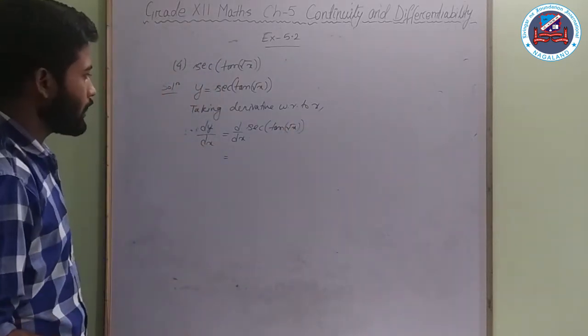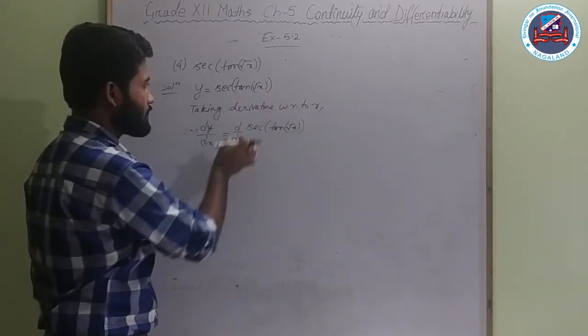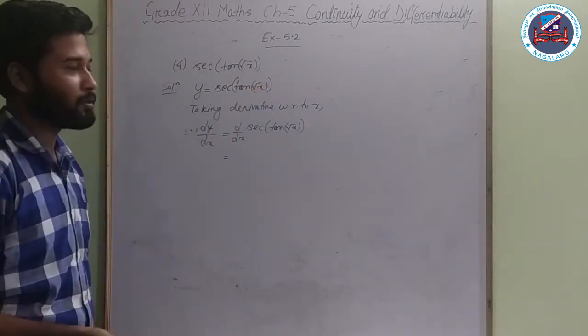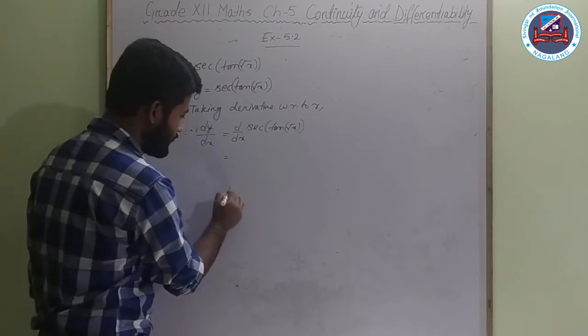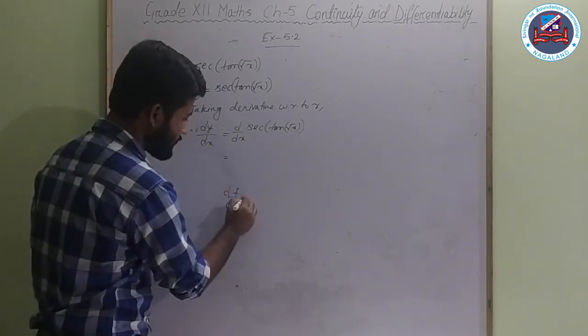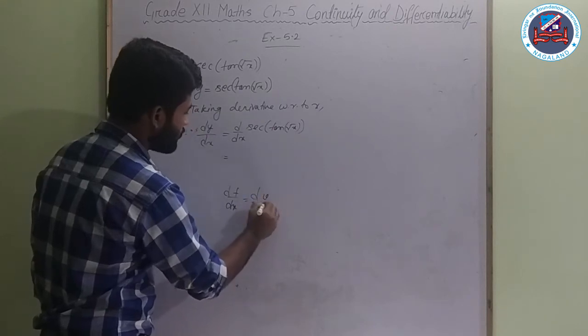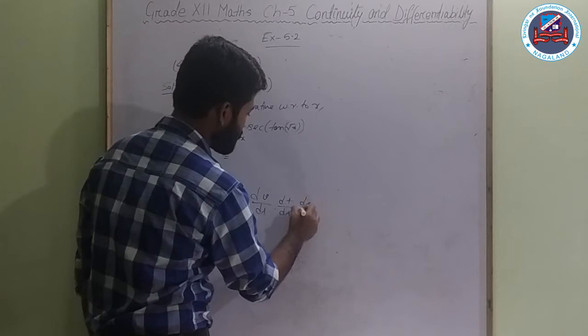Now one option you have, using the chain rule: at first you can consider this as t, then you can consider the tan of this as s or any other variable, and then you can write using the chain rule that df/dx is equal to df/dt, then dt/ds, and then ds/dx.